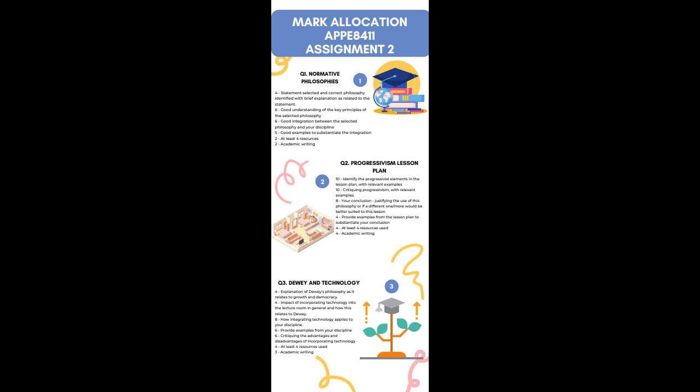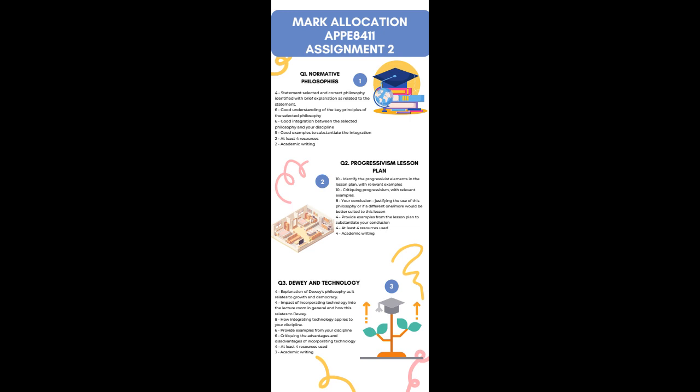Is it in the role play activity? Is it in the assessment activity? Where do you see that? Okay, so does that make sense? So identify 5 elements and then give me the corresponding part in the lesson plan that you feel connects with progressivism. That's for 10 marks.